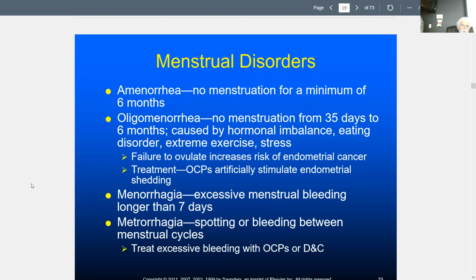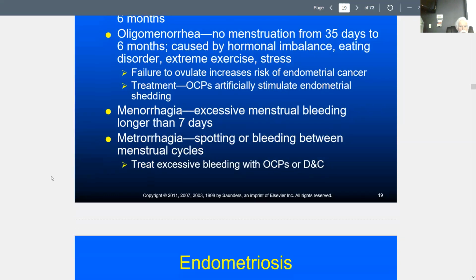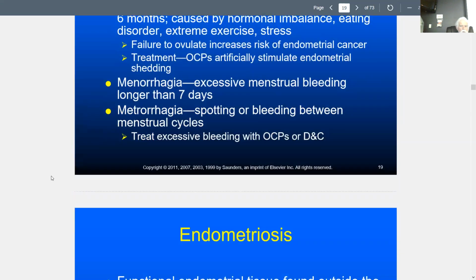You can have no periods for a long time for reasons that we don't know, or you can bleed excessively. You can bleed between cycles. And it's amazing, you can be pregnant and still have what looks like periods. So it can be quite difficult to deal with.